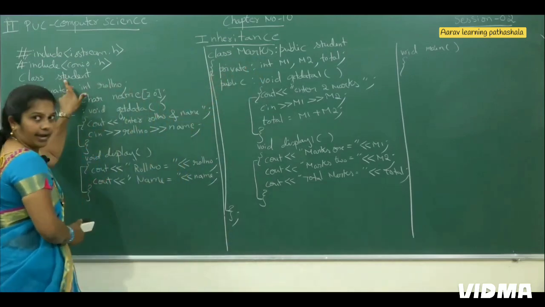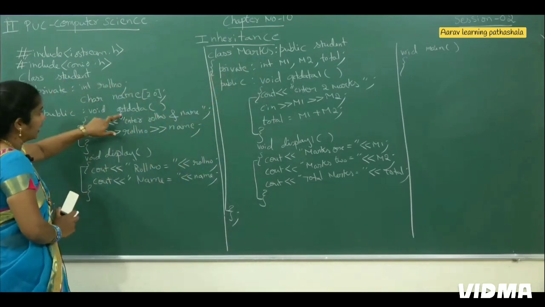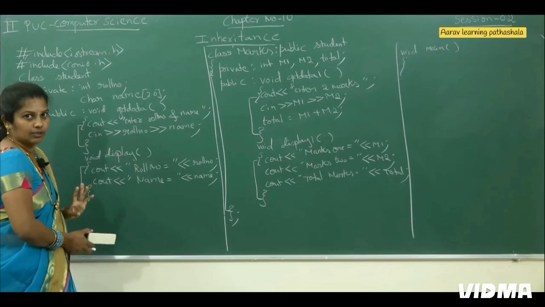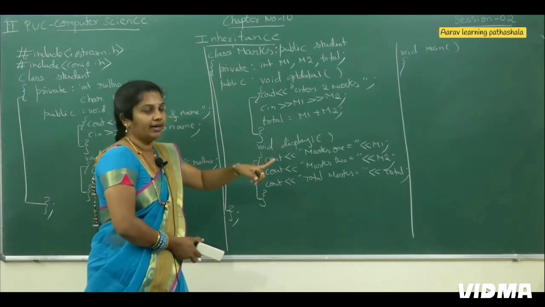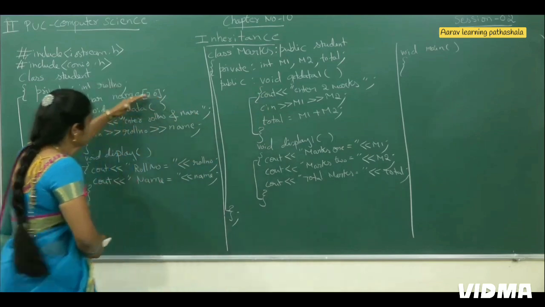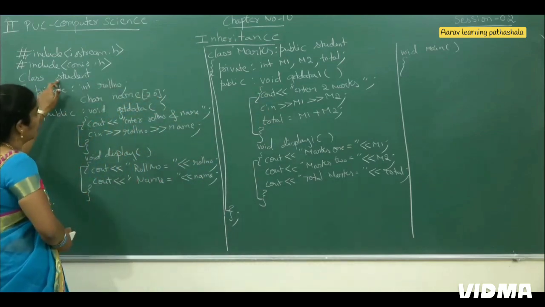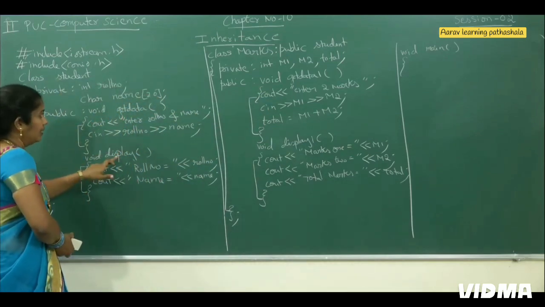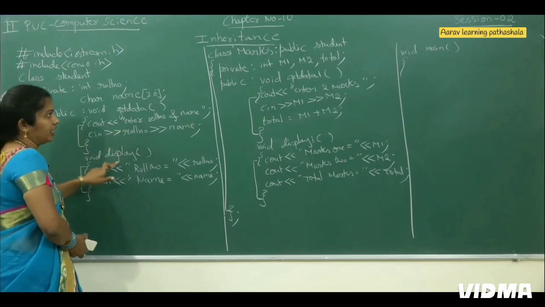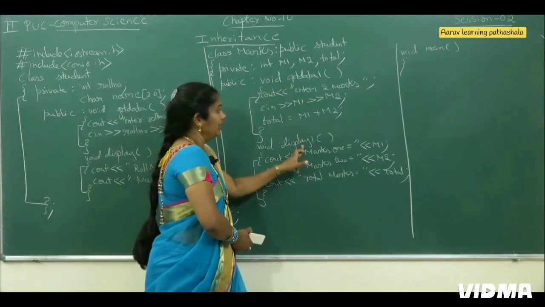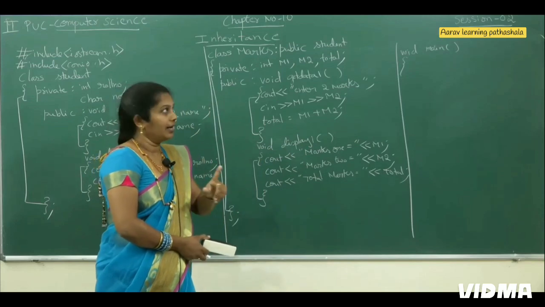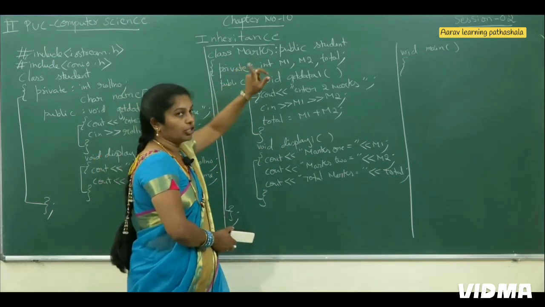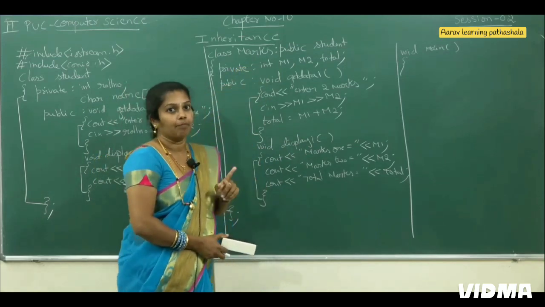If you create an object for student, you can use the get data and display functions. If you create an object for marks, then you can access the properties of the base class, that is student. That is, get data, display, get data 1, display 1, all the functions I can access here.